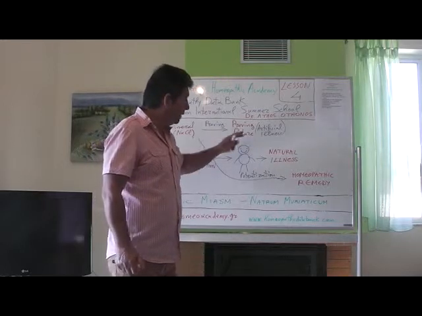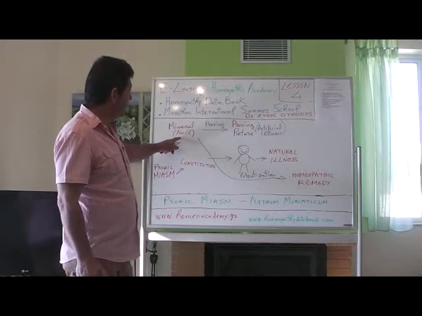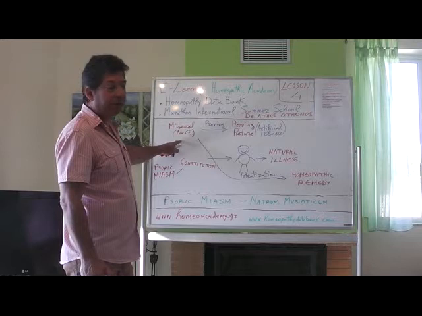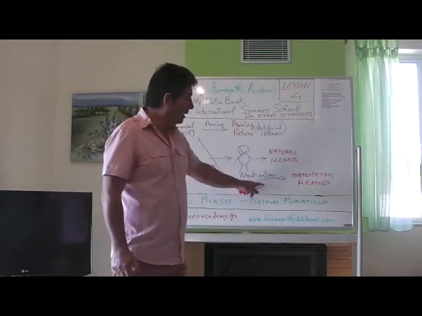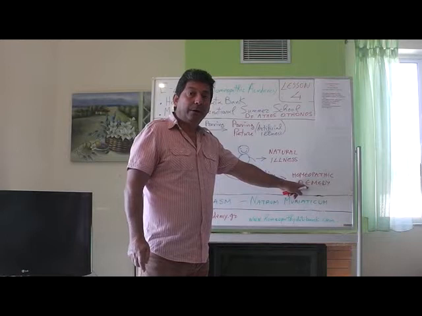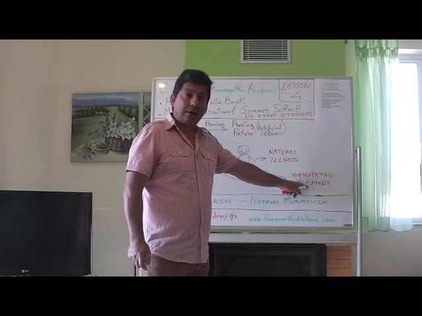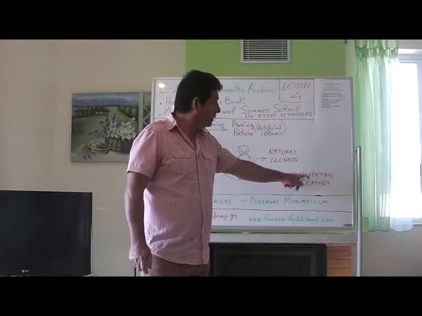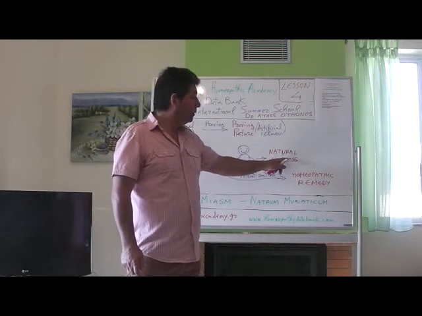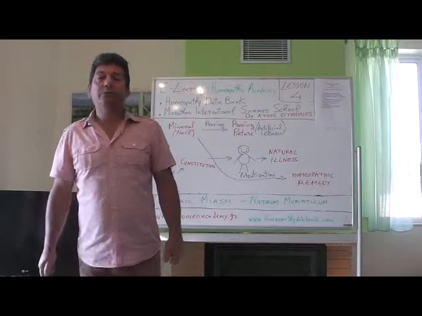If there is, then we take the mineral that corresponds to this proving picture, we potenize it, we create the relevant homeopathic remedy, we give it to the patient, and this natural illness is cured.